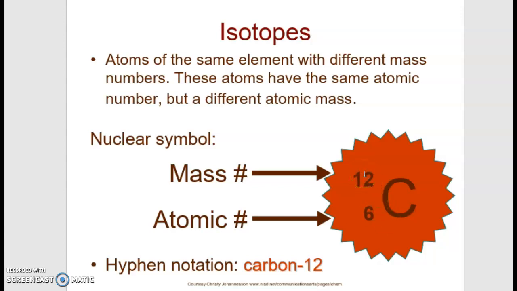And the mass number for carbon, as it is on the periodic table, is 12. So if you take your mass number, subtract your atomic number, that tells you that you have 6 neutrons. So as it appears on the periodic table, the notation for carbon, or the name of this carbon, is carbon 12.